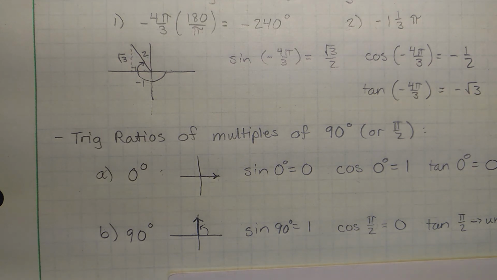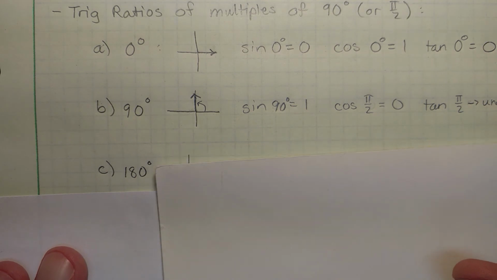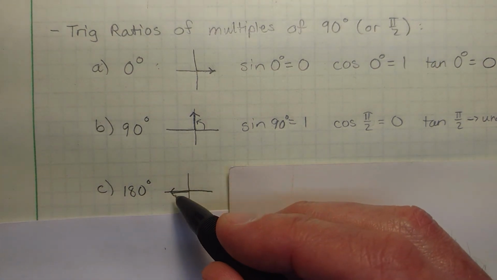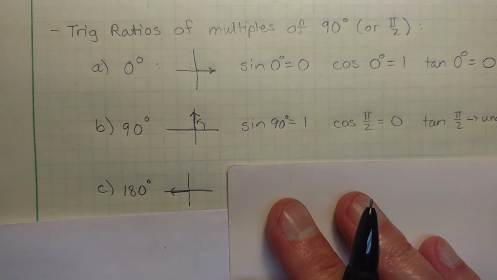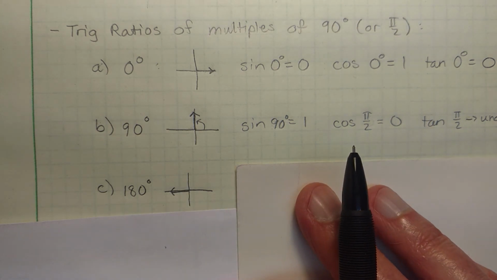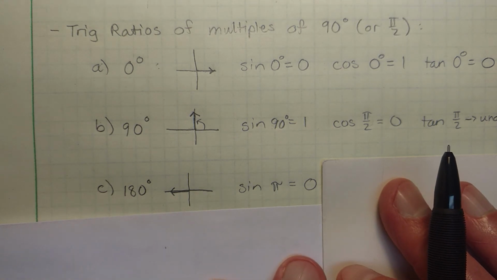Right, let's look at 180 degrees. At 180 degrees, we're right here, going out on the negative x-axis. So when I consider the sine, there is no opposite, it's 0 over the hypotenuse. So the sine of pi is just 0.